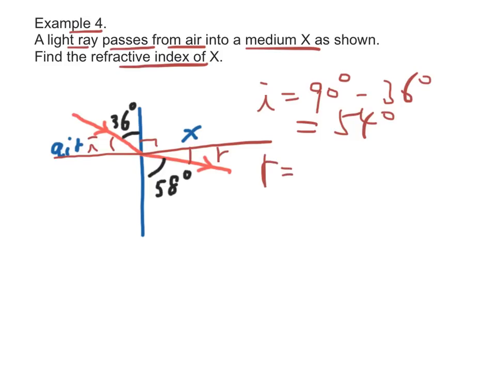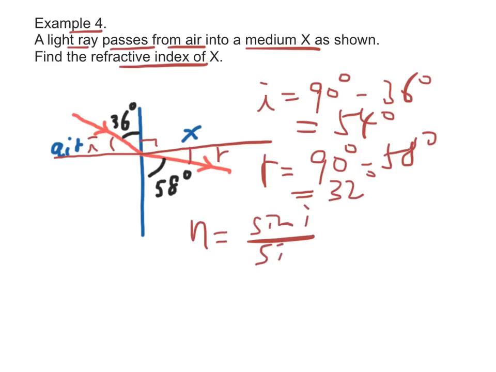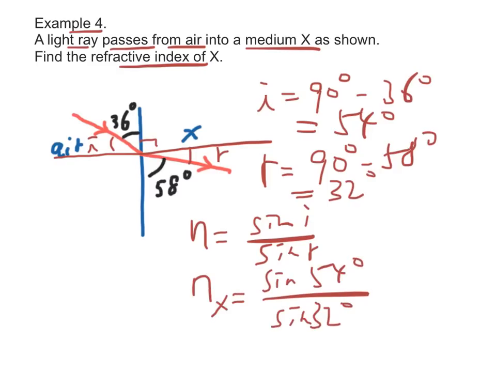And angle of refraction R equal to 90 degrees minus 58 degrees equal to 32 degrees. By n equal to sin I over sin R, we have nX equal to sin 54 degrees over sin 32 degrees, which is equal to 1.53.